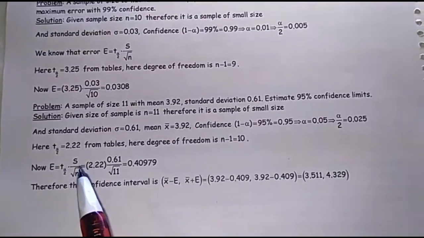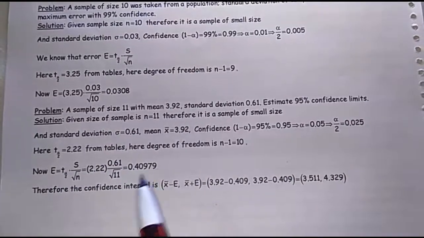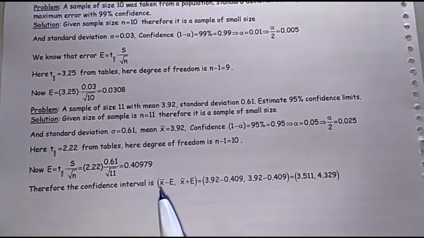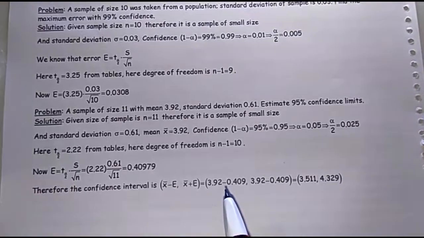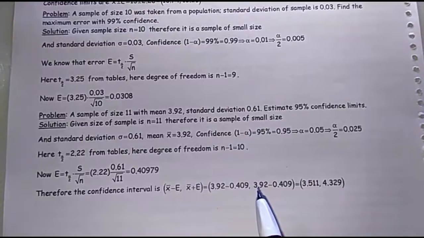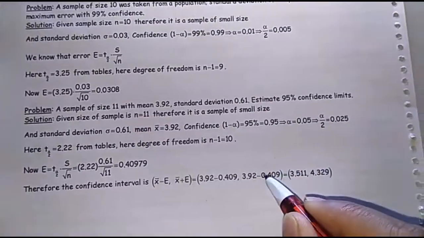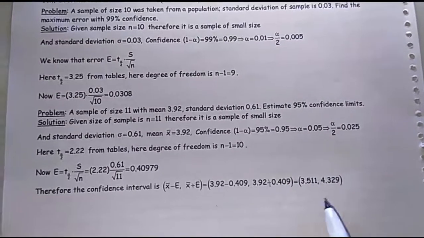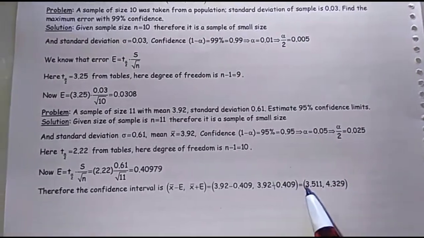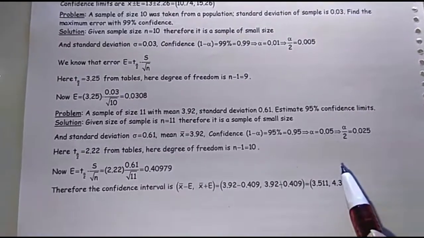Just by substituting these values, we get standard error E equals 0.40979, and the confidence interval is x bar minus E, comma, x bar plus E, that equals 3.92 minus 0.409, 3.92 plus 0.409, that gives 3.511, comma, 4.329.